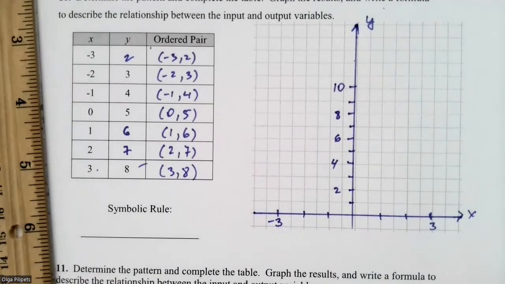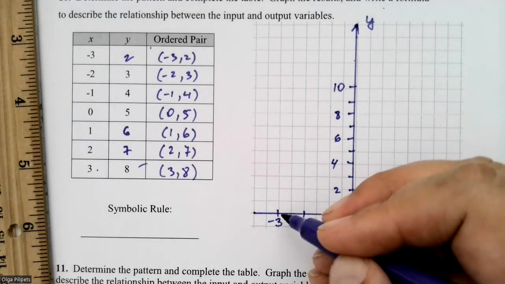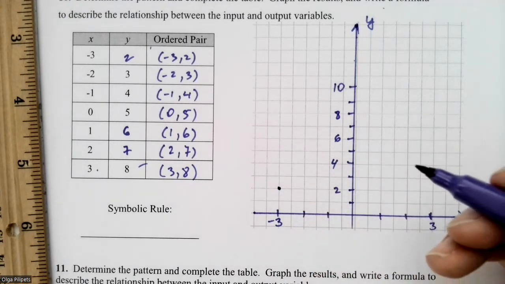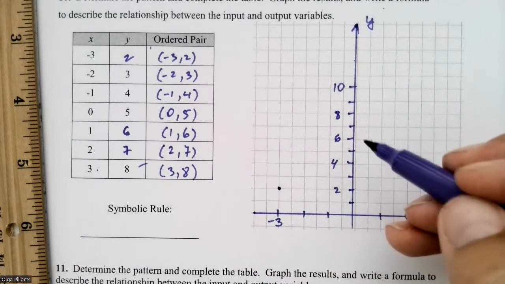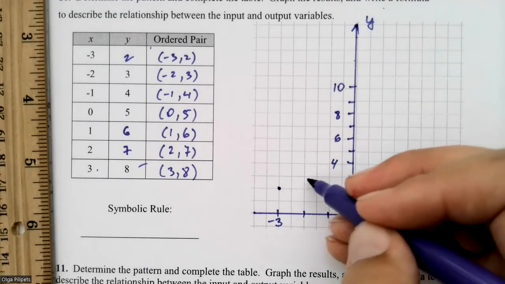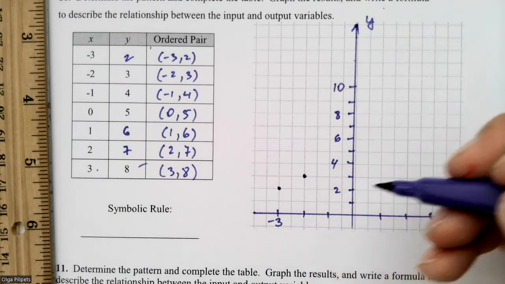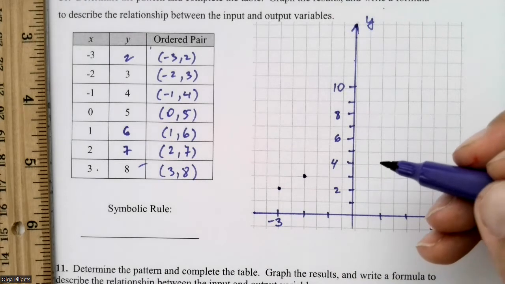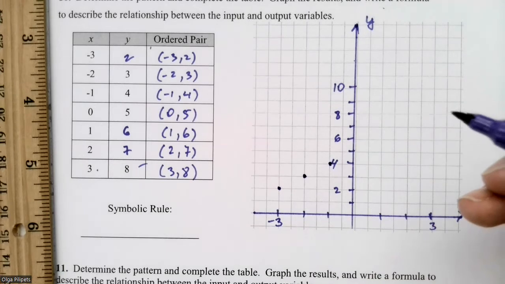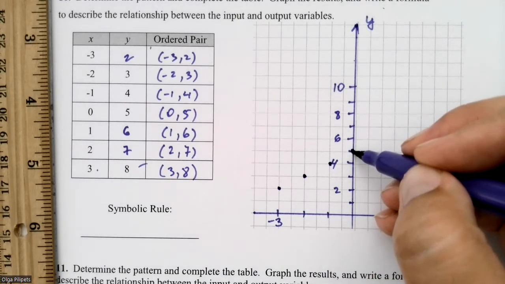All right, so let's plot the points. -3, 2 is my first point right here. -2, 3 is my next point. -1, 4. Then 0, 5.